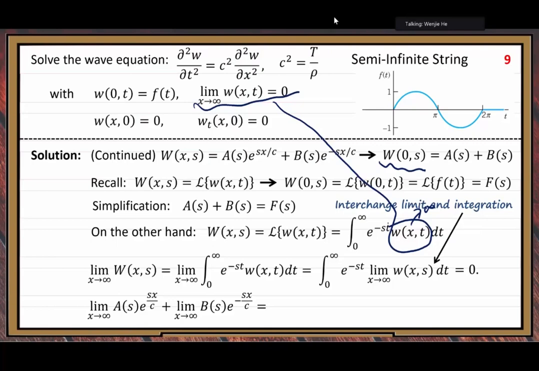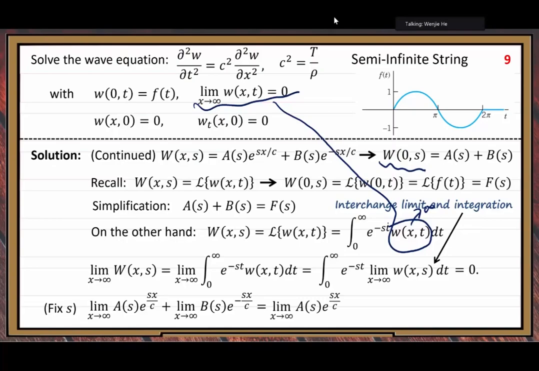So what conclusion can you get? It must be 0. It is forced to be 0, only when A of s equals 0 for all s. Because we fix s, that is the conclusion.